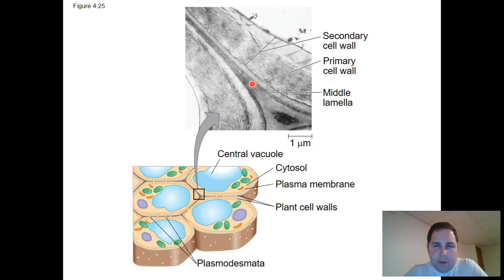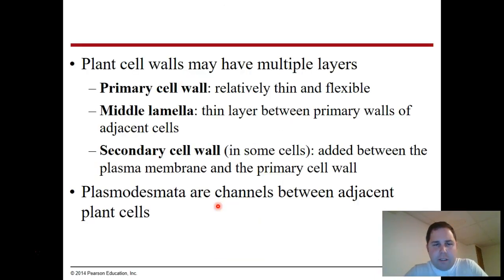You can see the primary cell wall is on the outside of the cell. The secondary cell wall is right inside of that primary cell wall in some cells, so between the primary cell wall and the cell membrane. And the lamella is just going to be the space in between two adjacent cells. An important idea that I want you to think about, and we'll come back to it in a second, is the channels that you're seeing between these adjacent cells, and we call those the plasmodesmata.